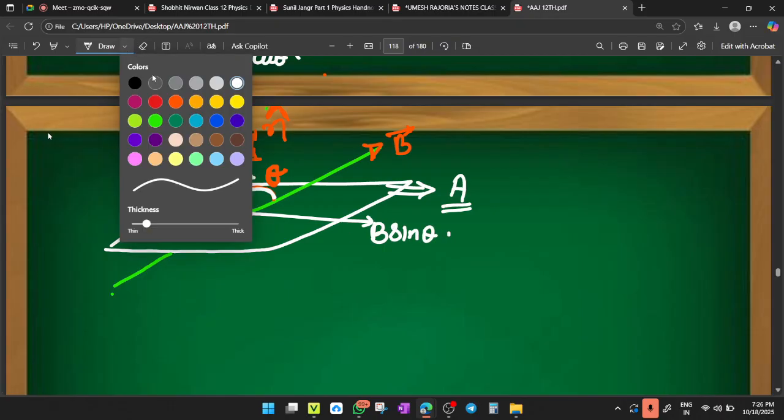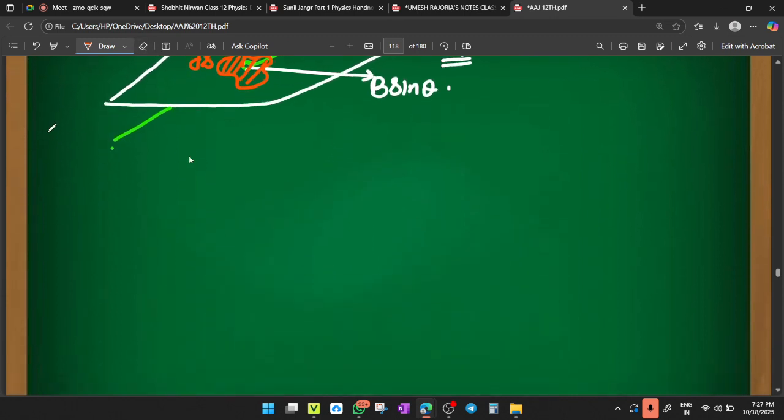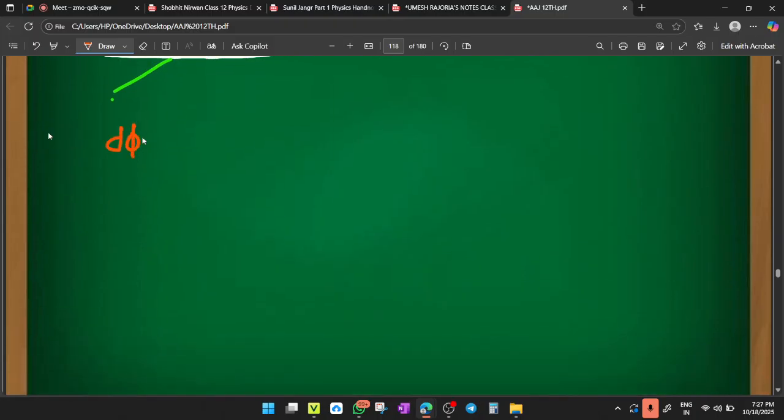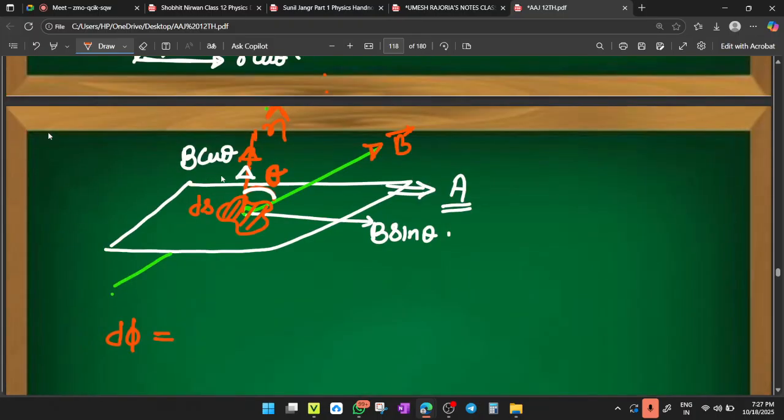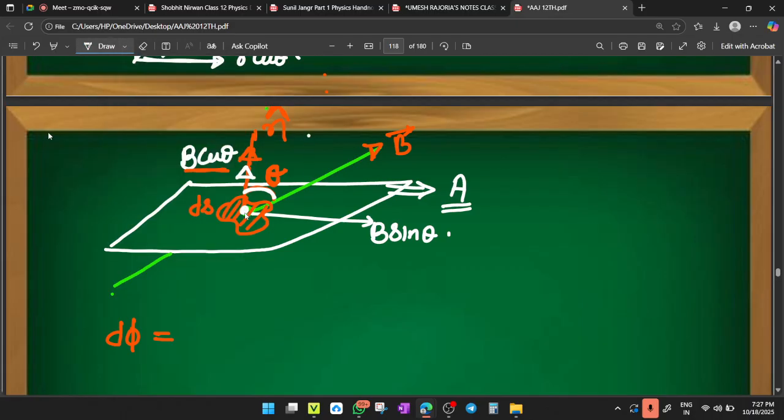Clear? Now take a small area surrounding that point. Yes, this one area. Suppose this area has magnitude dS, right, beta? So the amount of flux d phi equals, look here, what is the magnetic field? It is not the complete B crossing normally to the surface. Here only B cos theta passes normally to the surface. Yes or no?